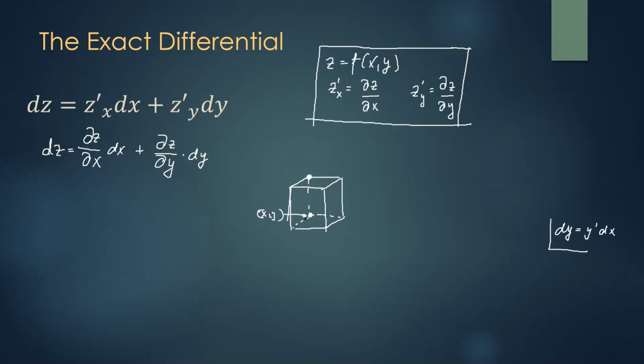Now, if we take this dx step in the x direction, the function might change approximately by this. If I take the step only in the y direction, if this is the dy, the function change might be, well, something else again. The function changes like this.